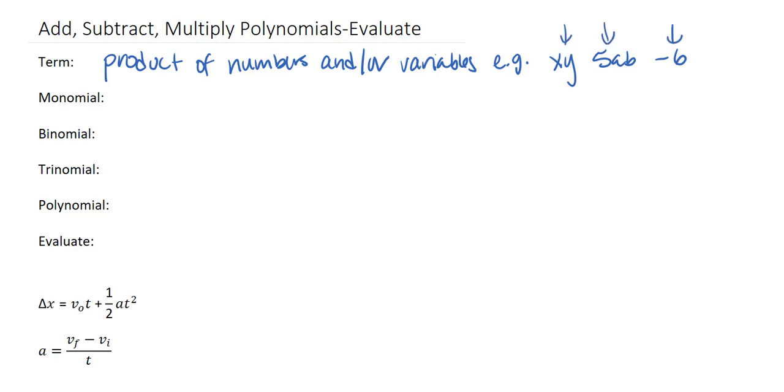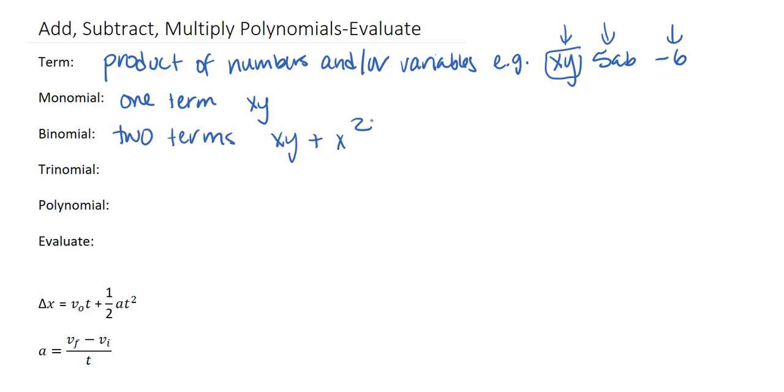Now, a monomial is just one term, right? So just like one of these. It could just be x or y, like xy would be one. What's a binomial? Well, that's just two terms. So it could be like xy plus x squared.